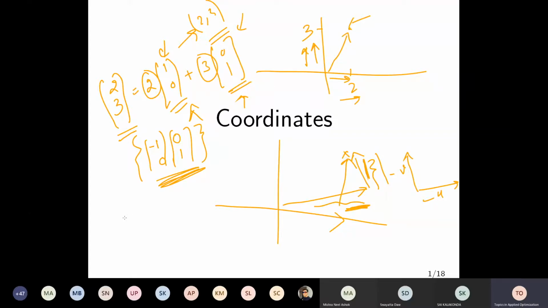For example, the vector (2, 3) that you usually see with respect to the canonical basis looks different. The coordinates look different in the different bases. Let us say this is B2 and the canonical basis is B1, because the same vector now looks different in different bases, right?